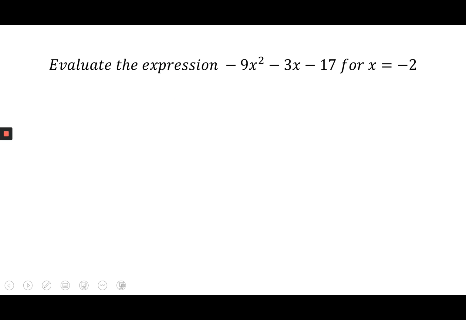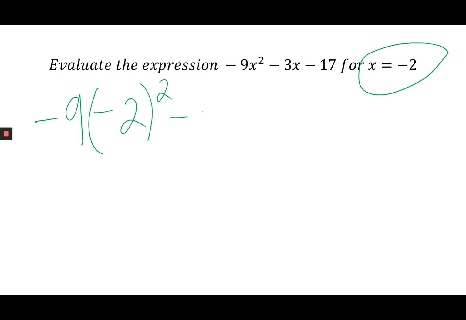Evaluate the expression negative 9x squared minus 3x minus 17. x is given, x is negative 2. Start from the exponent again. Negative 2 squared means negative 2 times negative 2. Negative 2 times negative 2 is positive 4, right?